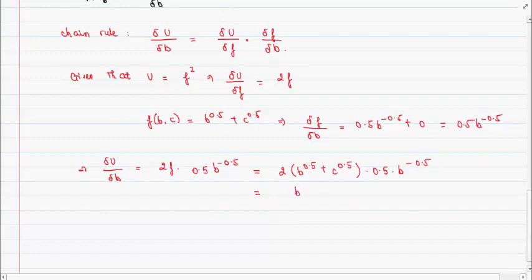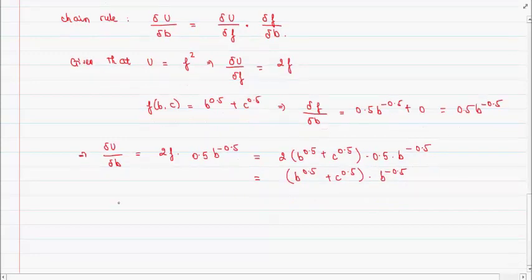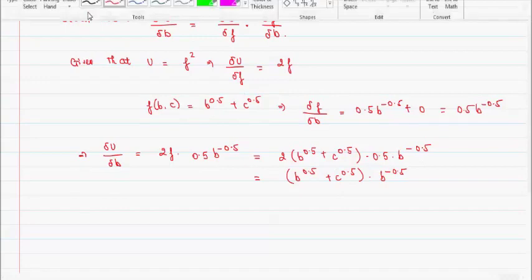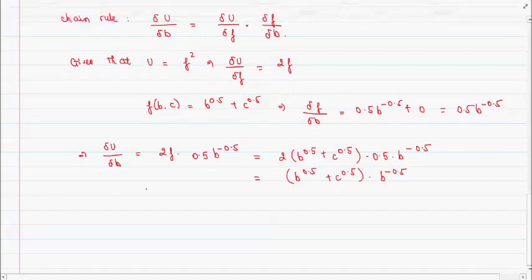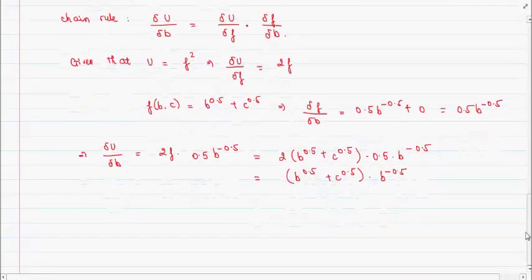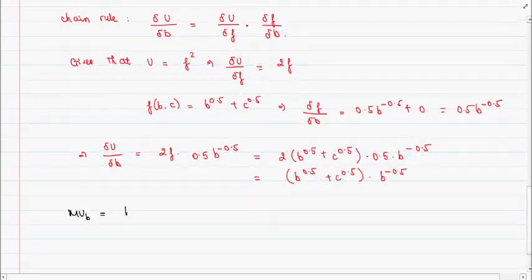So what we got is b^0.5 plus c^0.5, everything times b to the power negative 0.5. So that's the first marginal utility. The marginal utility of b is equal to b^0.5 plus c^0.5, everything multiplied by b to the power negative 0.5.